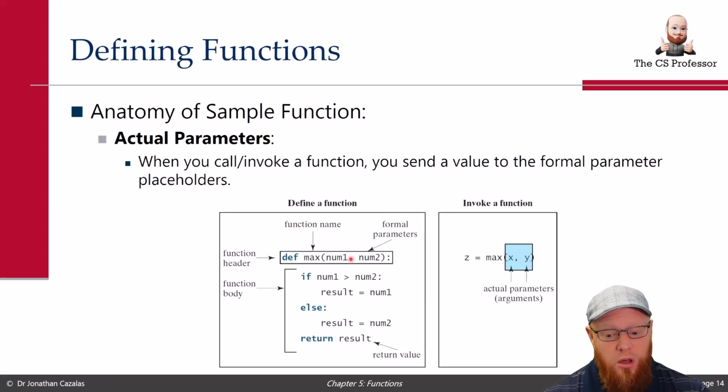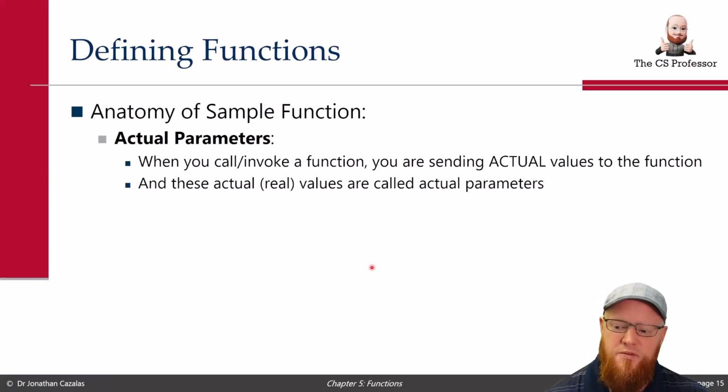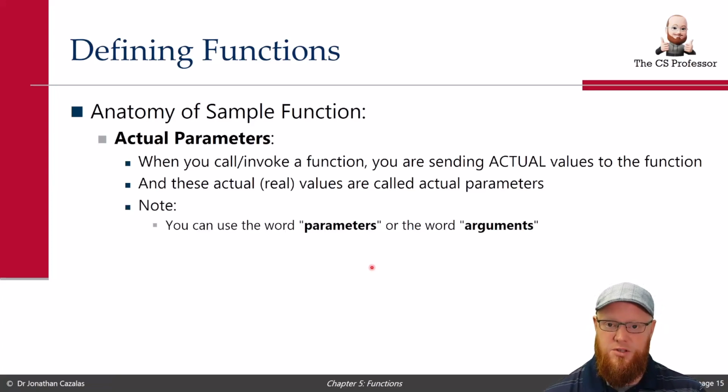But when we call the function, we're going to send over 8 and it's going to get saved into num1, and the 5 will get saved into num2, and they will get saved into those placeholders, otherwise known as formal parameters. So when you call a function, you're going to be sending the actual values to the function. And these actual values are officially called parameters.